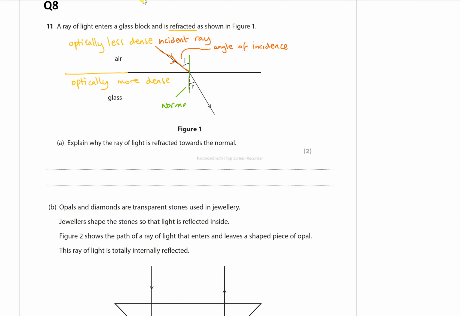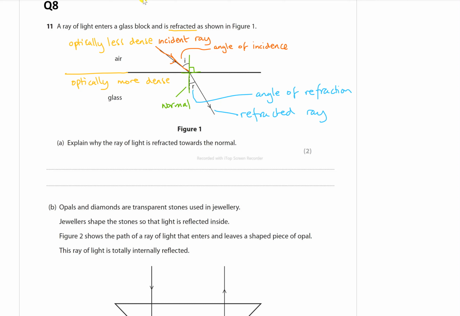It's at 90 degrees to the boundary. And finally, this is the angle of refraction, and this is the refracted ray.